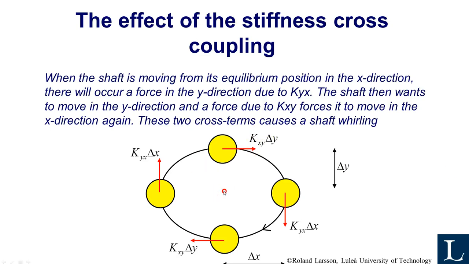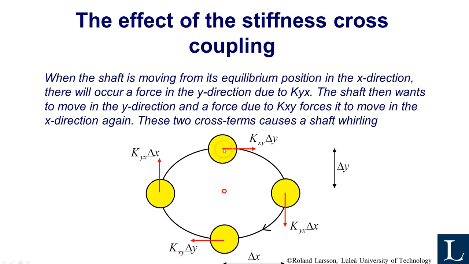Now it has moved due to vibration, this is a vibration orbit like this. It has moved some delta y distance from its equilibrium position, and that means that the cross-coupling term kxy wants to induce a force in the x direction due to this y displacement.